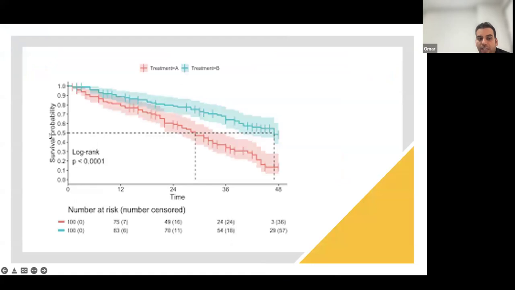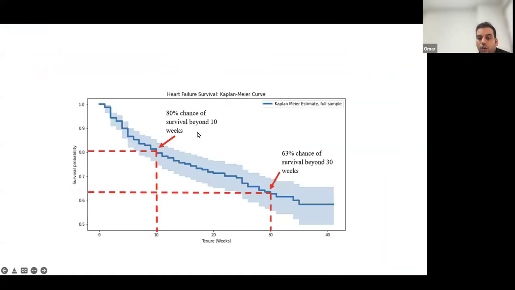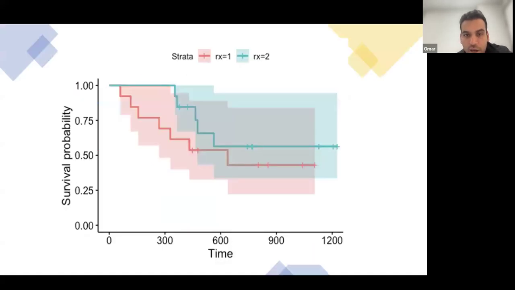It's your survival probability at the 50% mark. Okay, now you've mentioned the confidence interval. So this is what this blue shading is around your Kaplan-Meier survival curve.